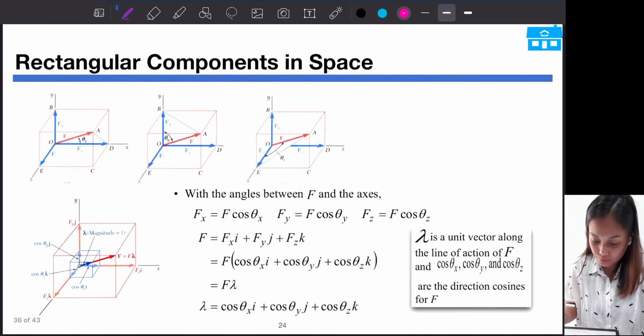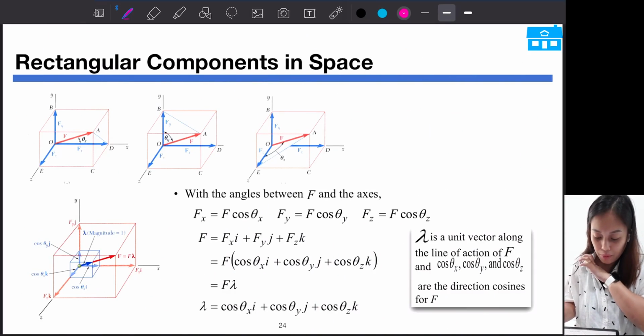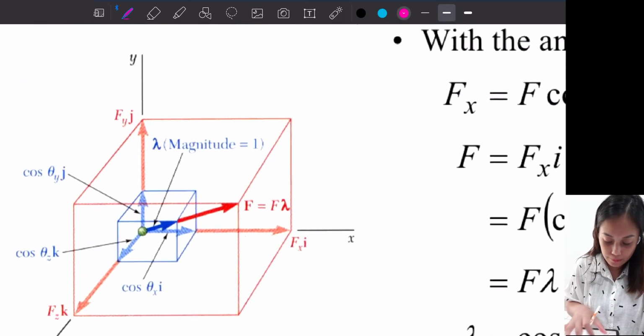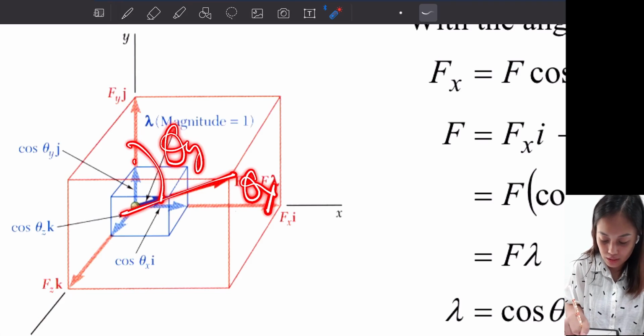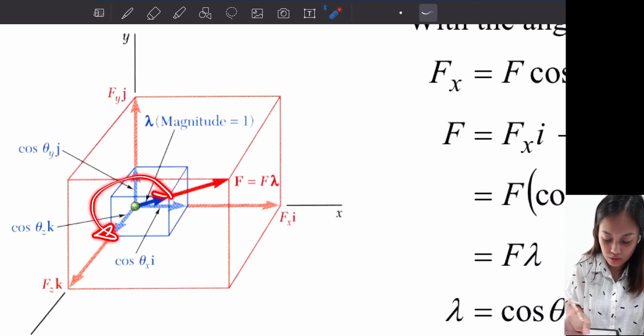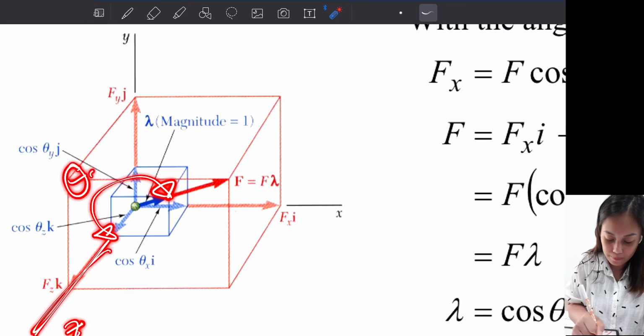Okay. Rectangular components in space again, but now we get the direction. The angle from force F toward the x-axis is theta x. The angle of the force toward the y-axis gives its direction along the y-axis, theta y. Then the angle toward the z-axis is theta z.